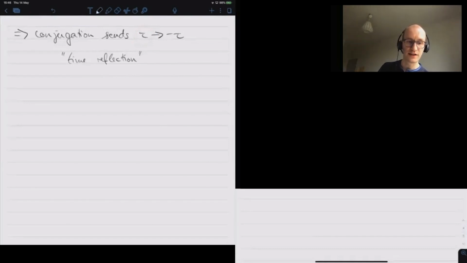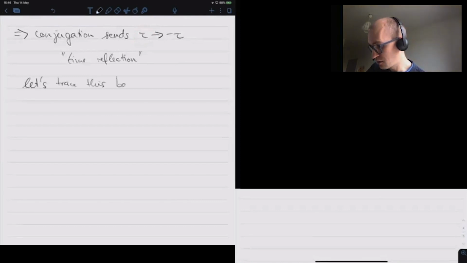What does this mean on the R coordinate? So let's trace this back through our various coordinate systems. We have tau goes to minus tau.